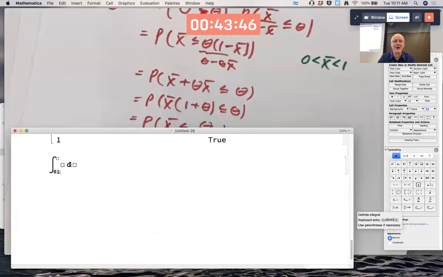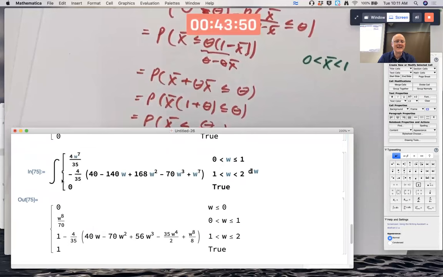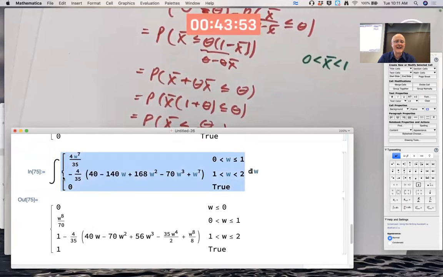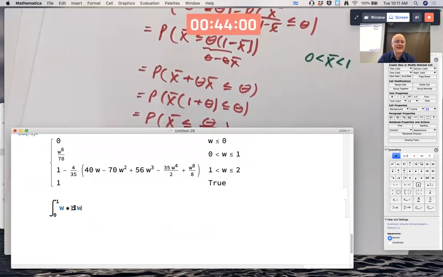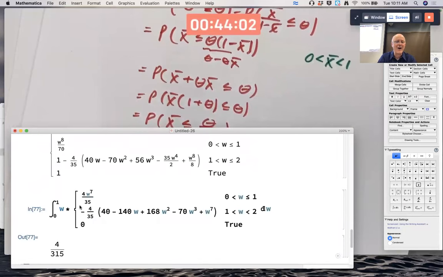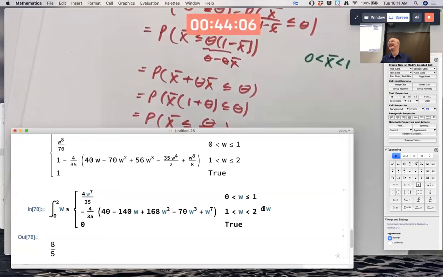Definite integral from 0 to 1, W times the PDF. Yeah, that whole thing. Oh, 0 to 2, excuse me. There we go. W goes from 0 to 2. If each observed value of x is between 0 and 1, then the sum is between 0 and 2. This is what obeys me.